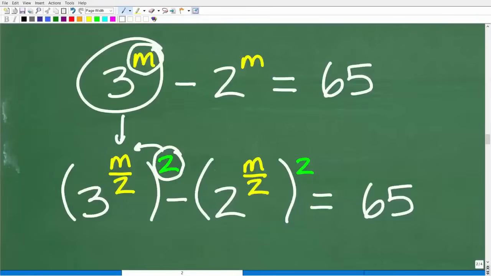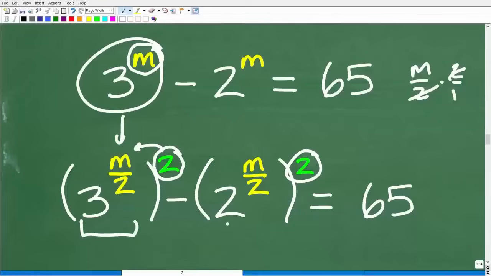So we're changing this from an exponential equation to a different type of equation. We have 2 times m over 2, that is m, right? The 2's cross cancel, and we get back to m. So we can rewrite these powers in such a way where we have a 2 as the exponent. Now we have this stuff on the inside, so we're not really dealing with an exponential equation right now. Now we're dealing with something else.